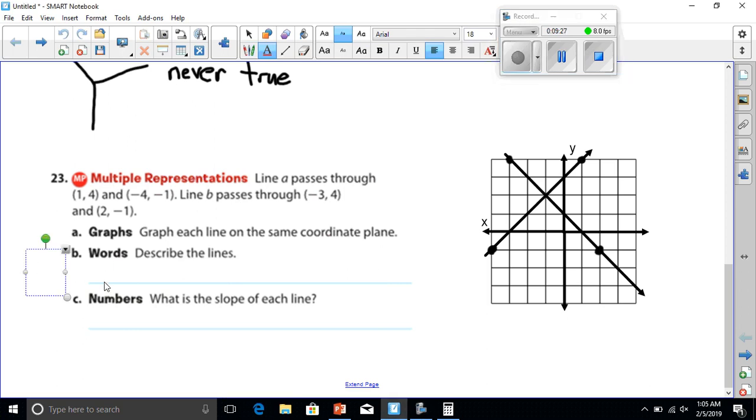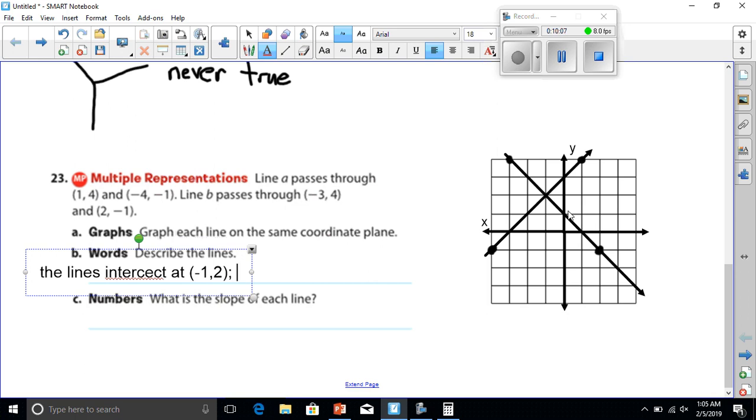So let's type here, the lines intersect at -1 and 2. The other thing that we could say is they really appear to be perpendicular, don't they? Because this line here goes over 1, down 1, over 1, down 1.